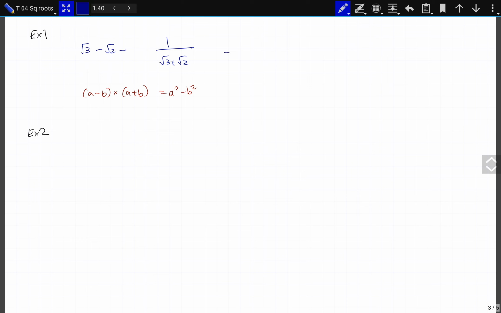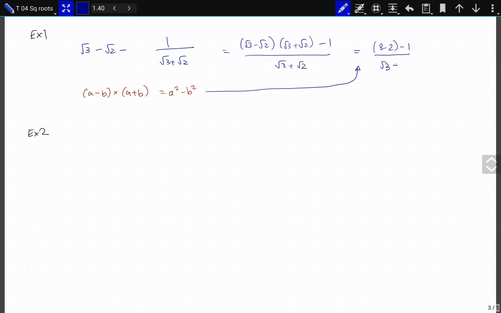So this becomes root 3 minus root 2, root 3 plus root 2 minus 1, all over root 3 plus root 2, and equals, using this, 3 minus 2 minus 1, all over root 3 plus root 2, and that's actually 0. There you go.